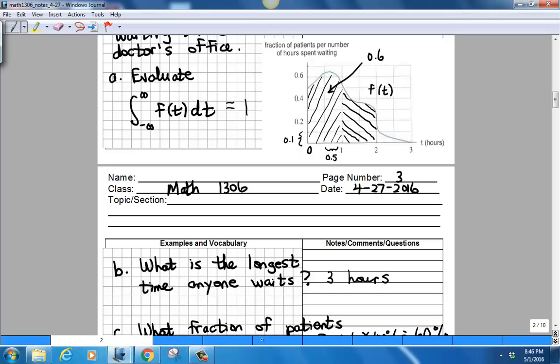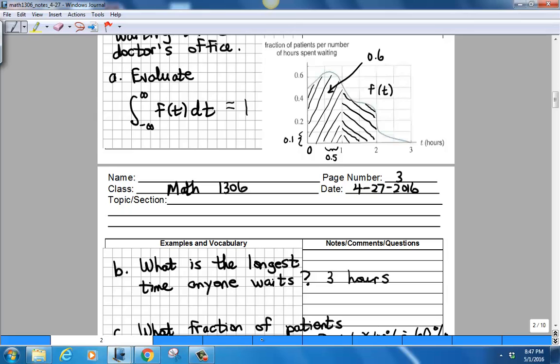But again, we can try counting grid blocks here, and that may give us a little bit better idea of what this area is. So let me see, let's count grid blocks in this region between 1 and 2. I've got 1, 2, 3, 4, 5, 6. And then it looks like I have probably a 7th one there, right?